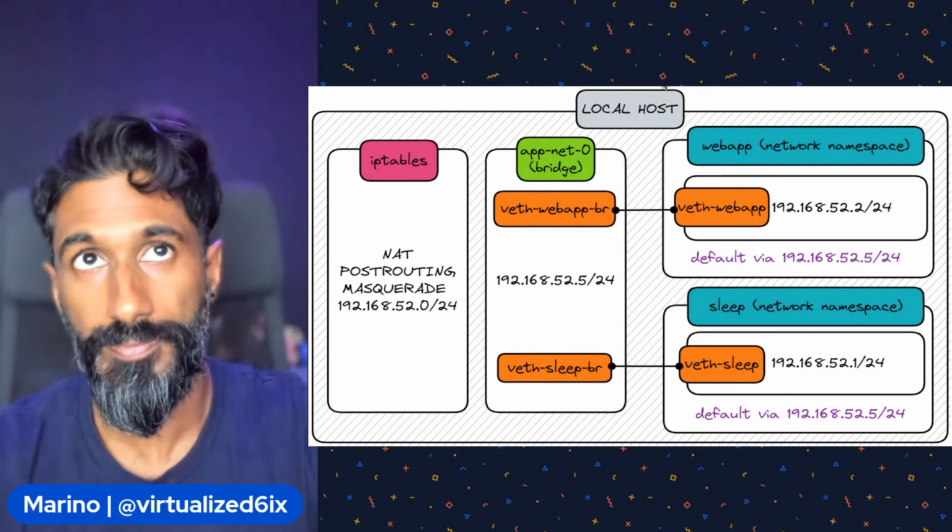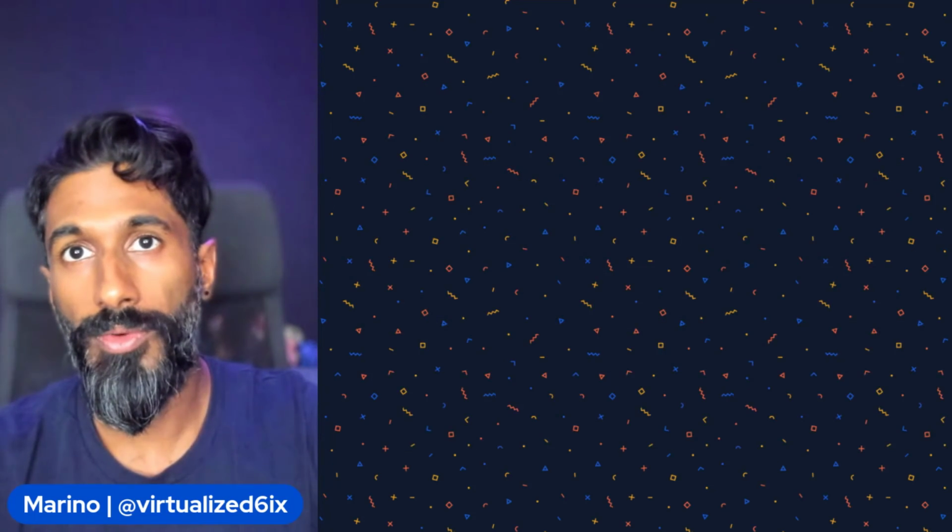But the other interesting thing too is we're now able to communicate across these two network namespaces, which can bidirectionally ping each other. Now, the reason why this is important is because when you think about something at production scale for a second, we're not going to simply do network namespaces for every single container that we need to create. We will use a system.